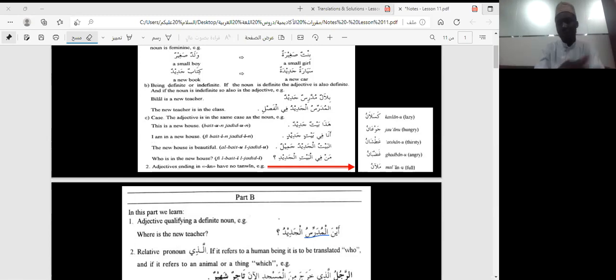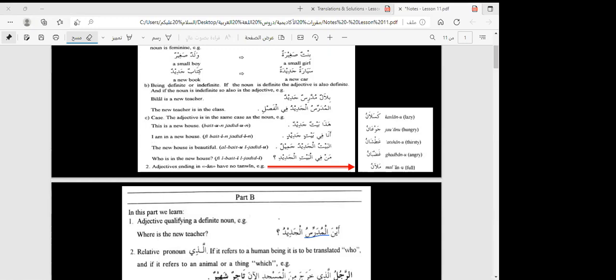When I say the student just left the class, you know it is a complete sentence. But when I say alladhi najaha fil ikhtibar, who passed the examination, I'm adding additional information to the mubtada. So mostly alladhi comes after a noun, adding information about the noun.